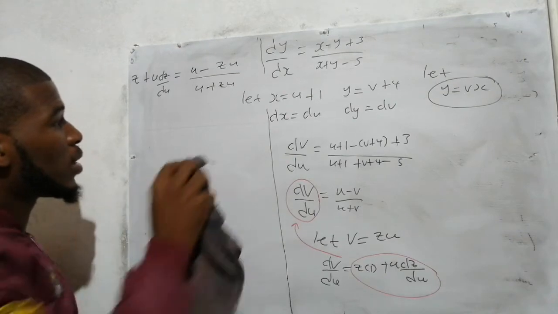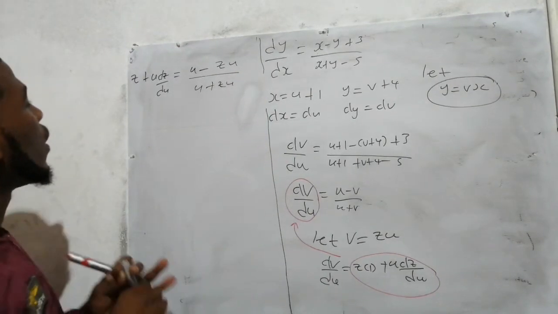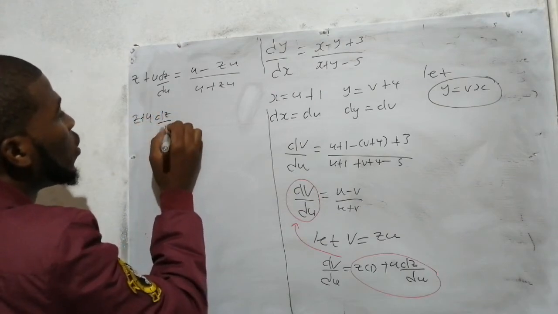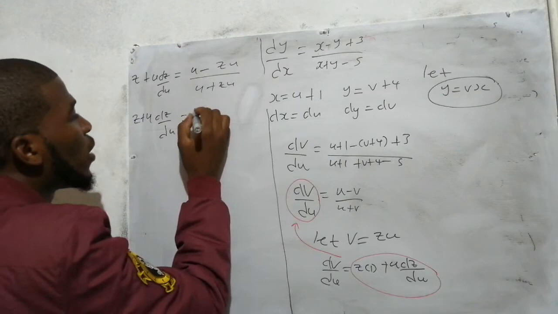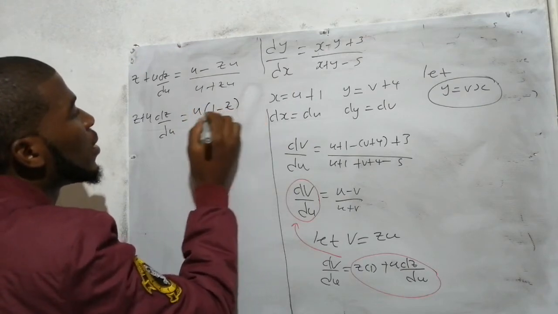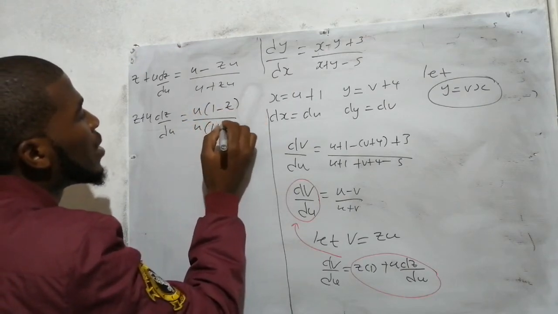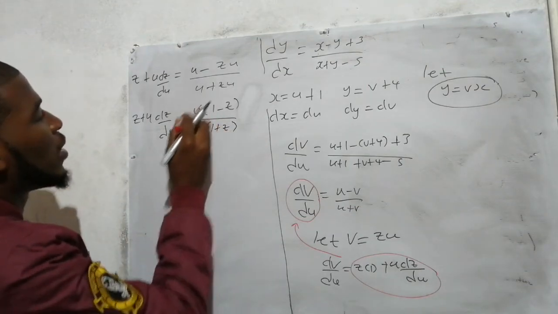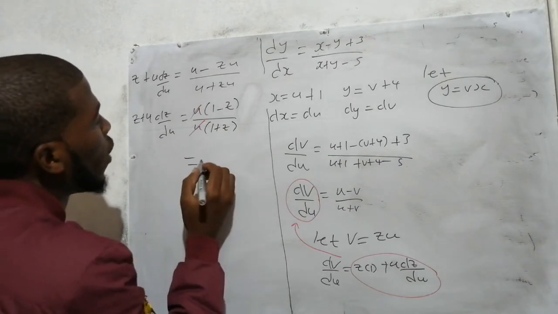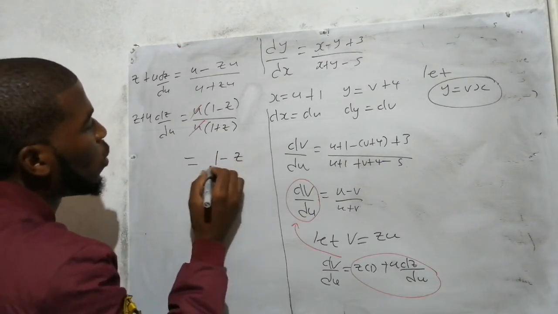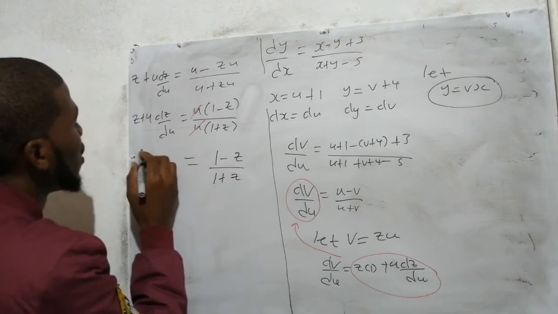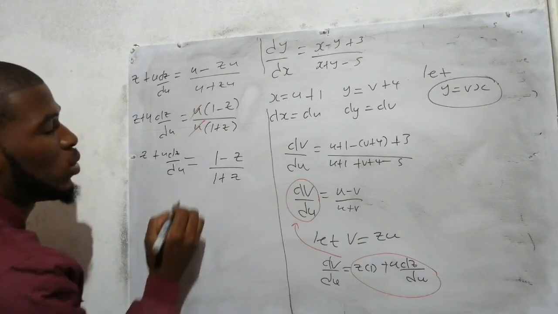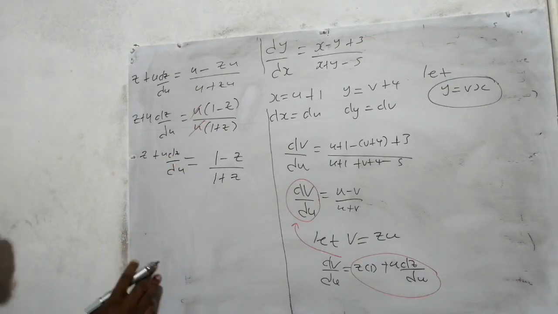So z plus u dz over du. So take out the common factor of u there: 1 minus z over 1 plus z. So this guy and that guy will cancel. So after they cancel each other, we have z plus u dz over du equals 1 minus z over 1 plus z.